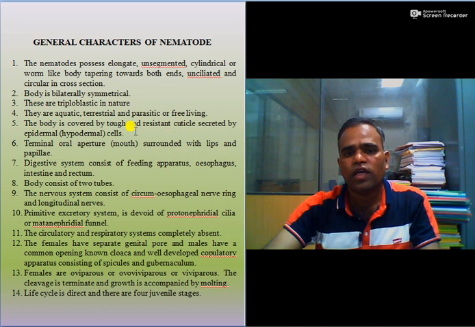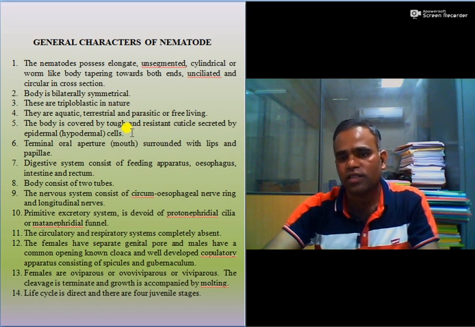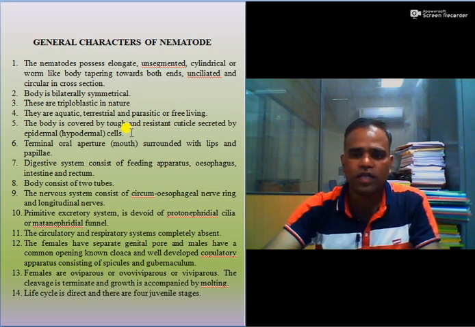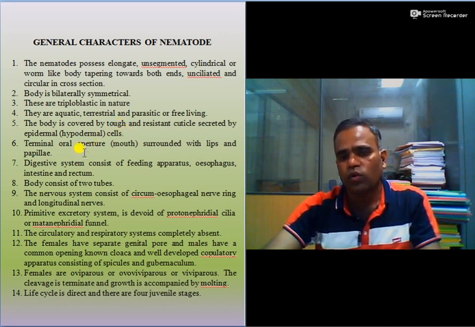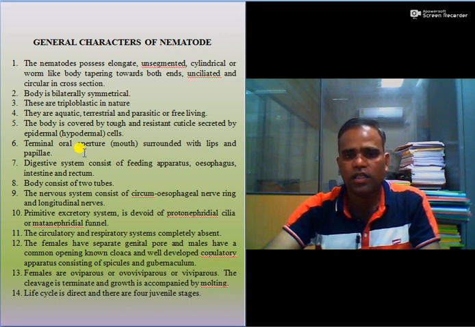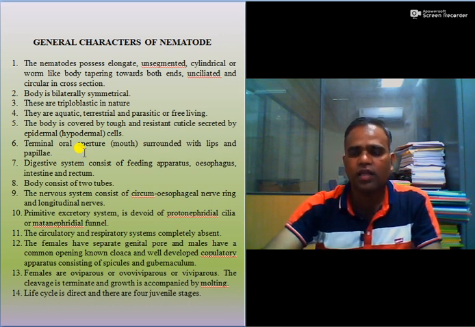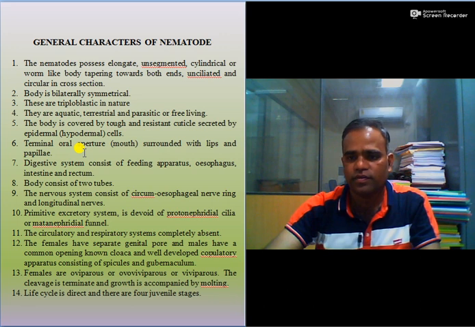The nematode is having an external body wall, called the outer body tube, which is called cuticle, and it is the secretion of hypodermal cell. Then the terminal oral aperture is the mouth, which is surrounded with lips, and the lips are having papillae, we will see.